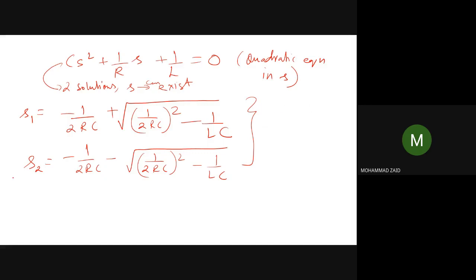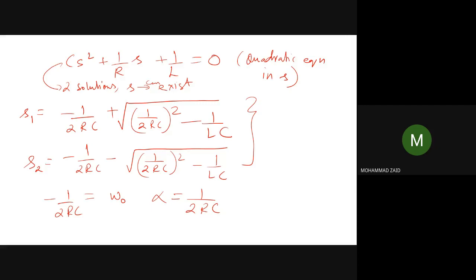Okay. Now in these equations, minus 1 upon 2RC is known as omega naught, the natural frequency of the circuit, and alpha is equal to 1 over 2RC, known as the damping constant of the circuit.